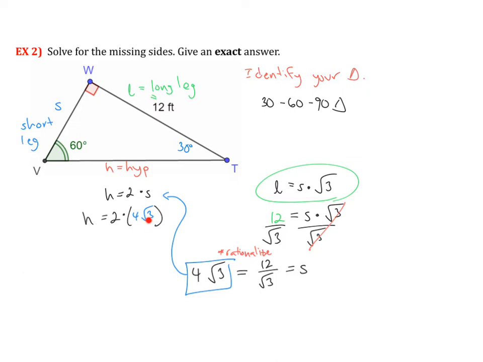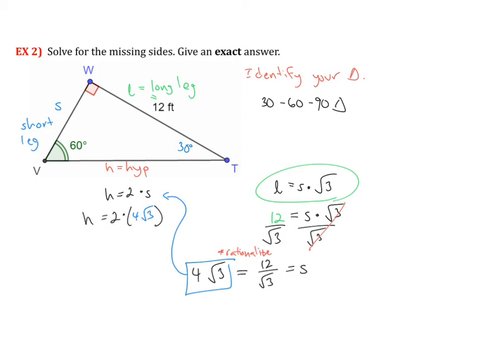Here, though, I have to be careful. I cannot combine 2 and the square root of 3 and call that the square root of 6. And technically, I cannot do the same thing here and say that 4 times the square root of 3 is the square root of 12. These numbers, the square root numbers, are different kinds of numbers. So if I wanted to multiply them with other numbers, they both have to have the square root.